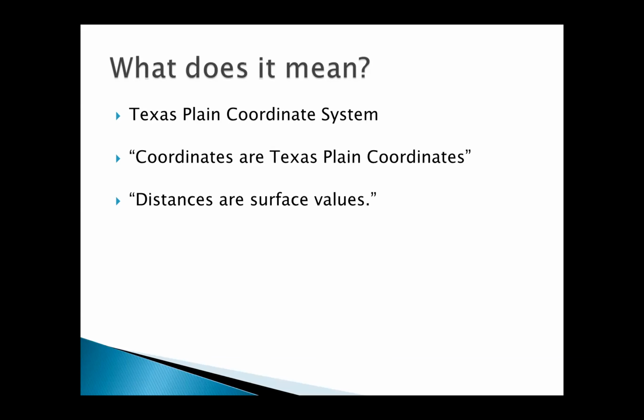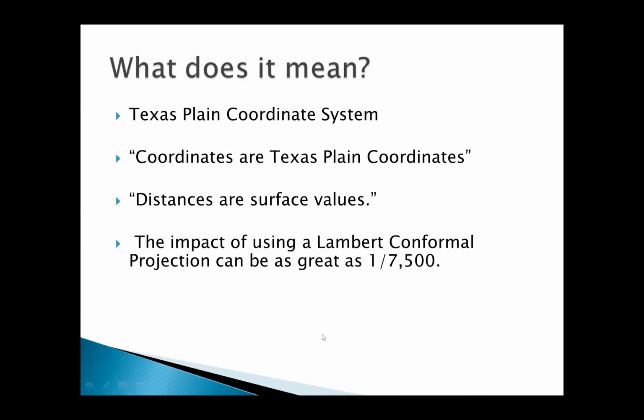This is real information that has a measurable impact. And the Lambert conformal projection in Texas is the way it's been applied. Inaccuracies can be as great as 1 part in 7,500.